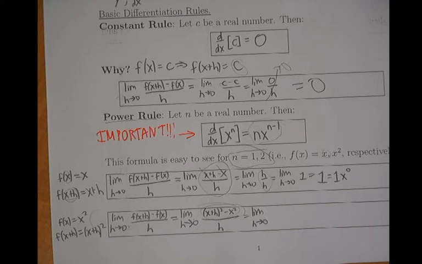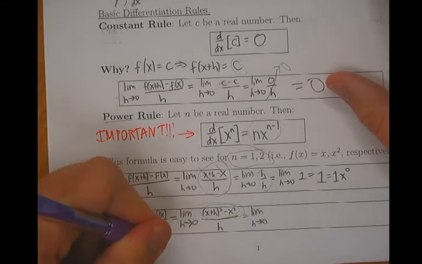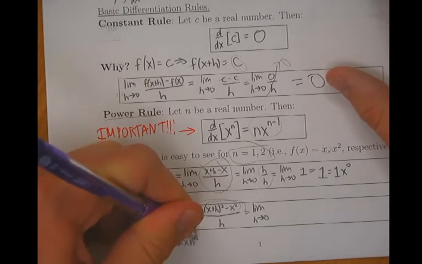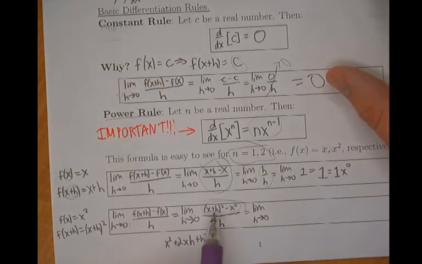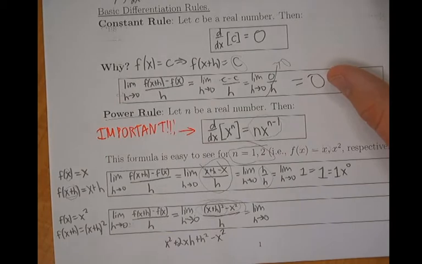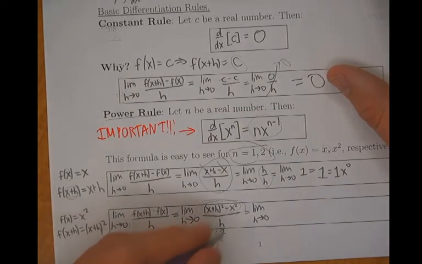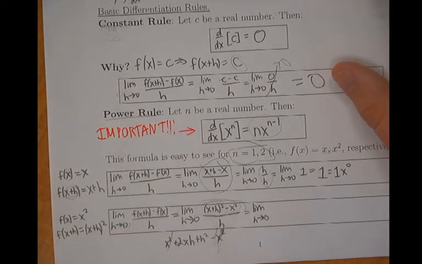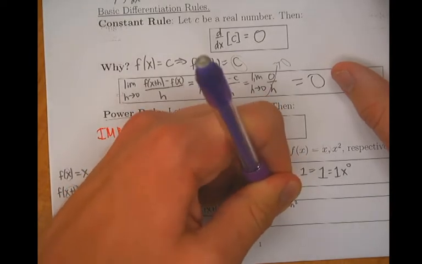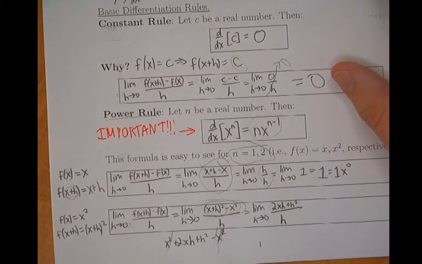Is it 2x plus h squared? Right, because remember, we have x squared plus 2xh plus h squared, just from expanding out the x plus h quantity squared. But then we have to subtract x squared, right? So the first and last terms go away, and we're just left with 2xh plus h squared divided by h.